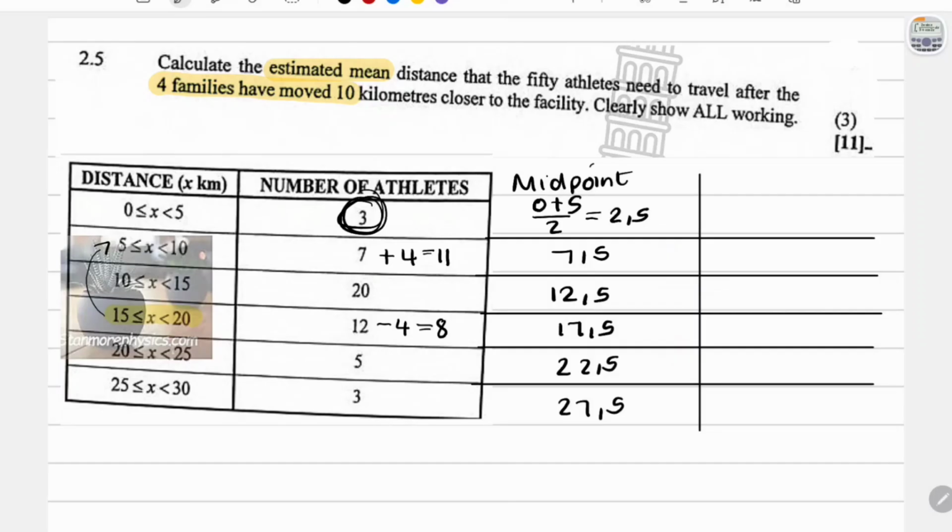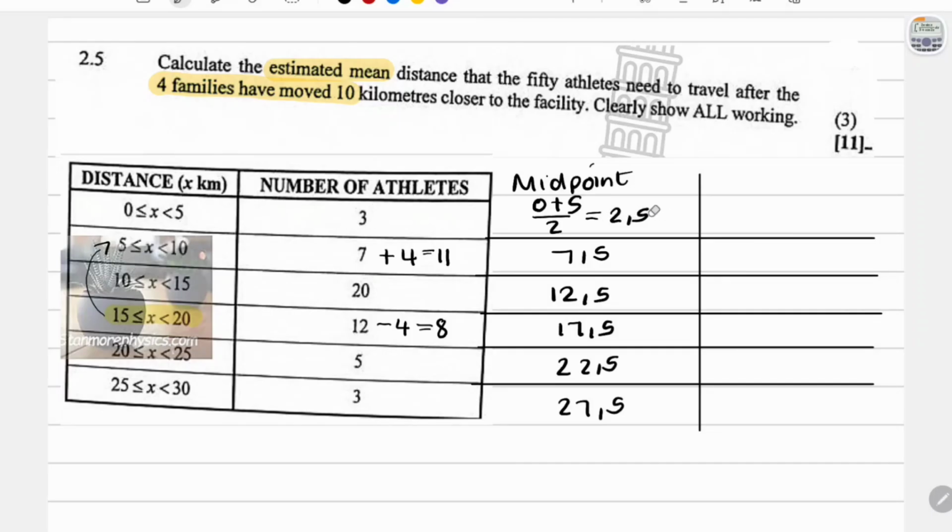Then, in order to continue to find the estimated mean, there's another thing we need to do. Yes, we found the midpoint of these values, but remember that in this category there are 3 athletes. So the total kilometers we would have would not just be 2.5. It would be 3 athletes at 2.5 kilometers each. We're giving all of them in this category 2.5 kilometers.